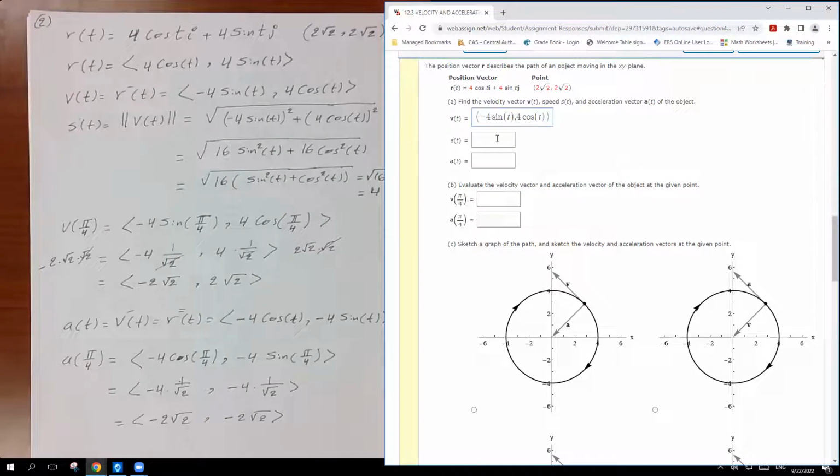Close the parentheses. This is the velocity. The speed is going to be 4.